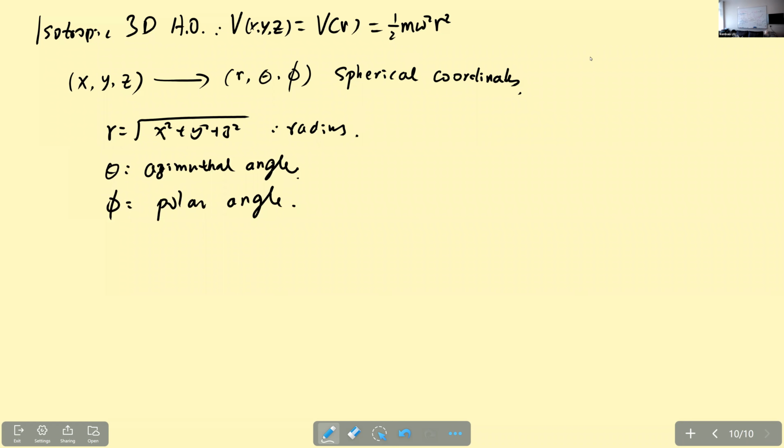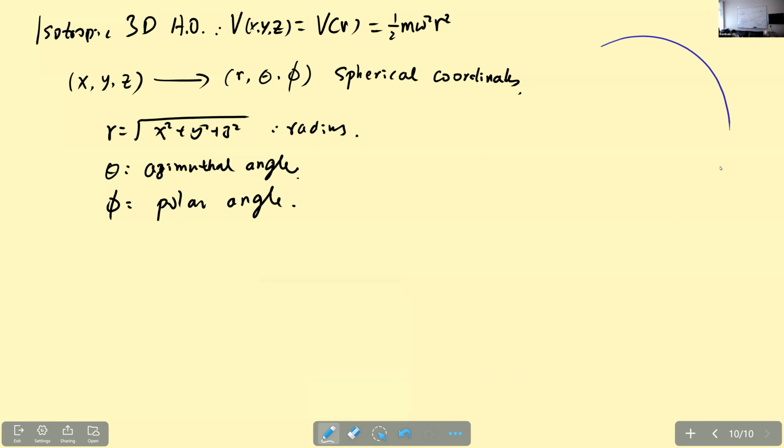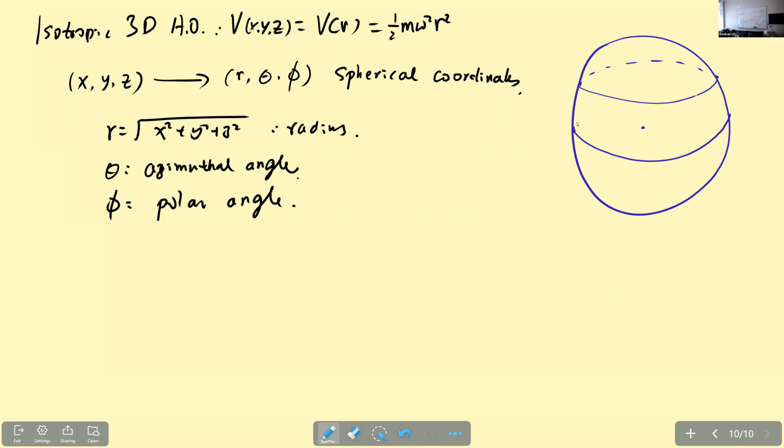Okay, so you can draw this in a figure. Okay, so this is the center, and this is the equator, and this is the z-axis. Suppose we have a point right here. So this distance is called r, and this angle is called theta. And suppose this is the x-axis, and this is the y-axis.